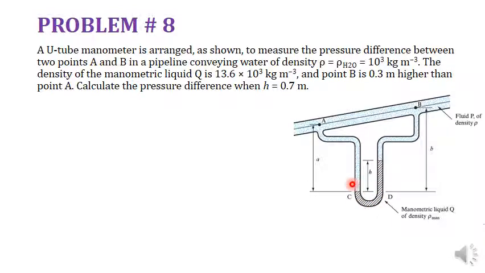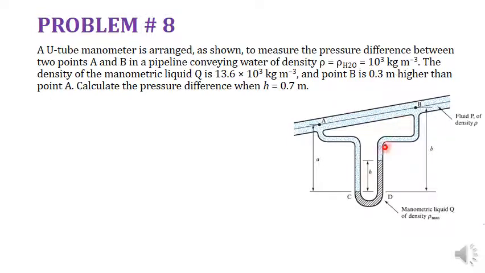The manometric fluid has been filled within this, and CD is the cross section where the first level of the manometer is going to be considered. H1 is the height of the manometer fluid. A is the height from the cross section CD till the point A, and B is the height from the cross section CD, the datum point, till point B, and this difference of A and B is equal to 0.3 meters.